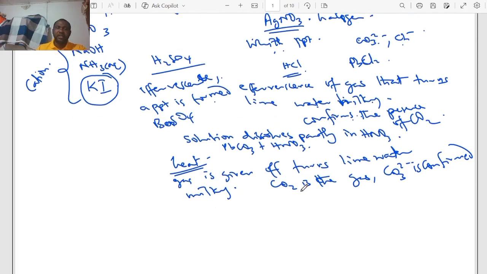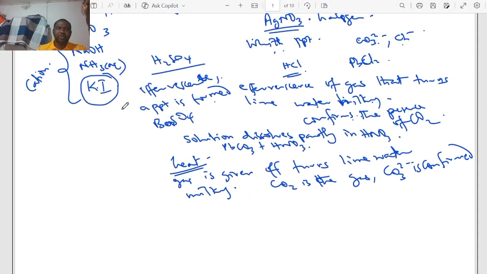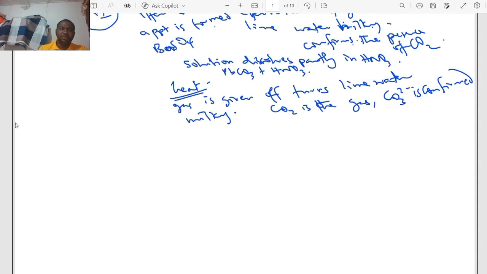Now for the case of cations, these three reagents are what is responsible for testing of cations. Let me start with sodium hydroxide, added in drops and in excess. When you add sodium hydroxide to a solution, you are going to get a white precipitate.